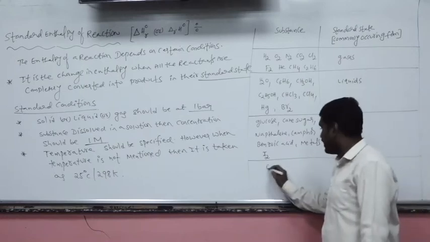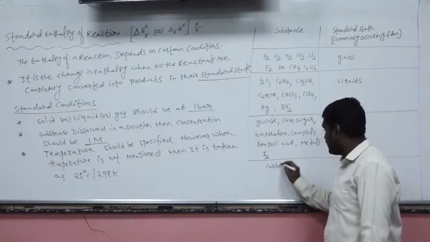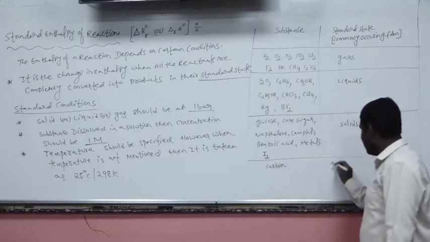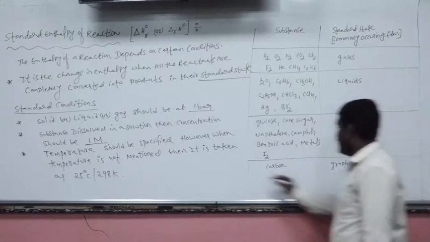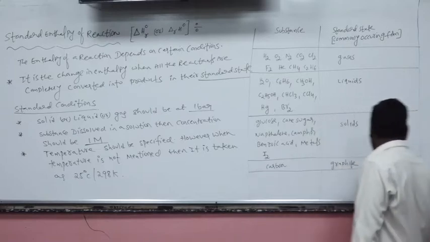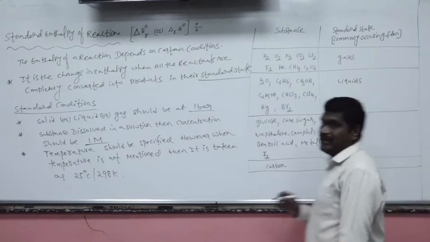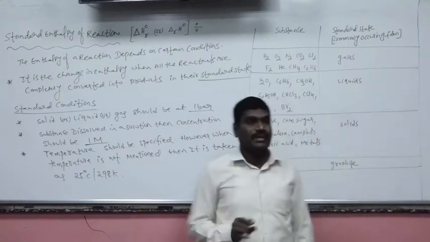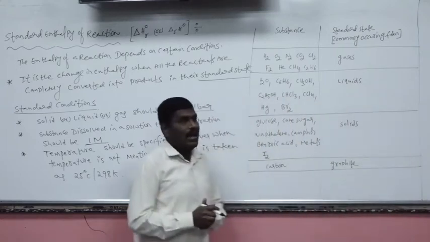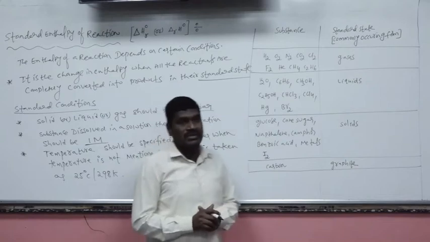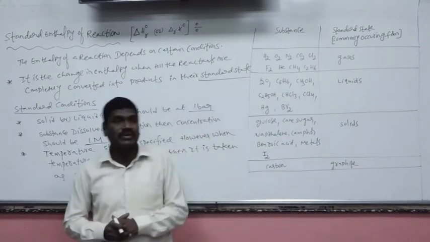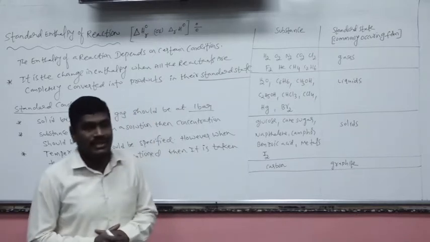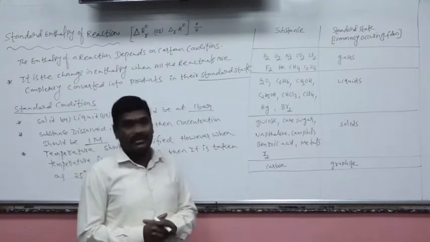So for carbon, we always take the standard state as graphite. Remember, this is very important. Out of these two, we have to take the most commonly occurring, most abundant form. It is taken as the standard state, isn't it?